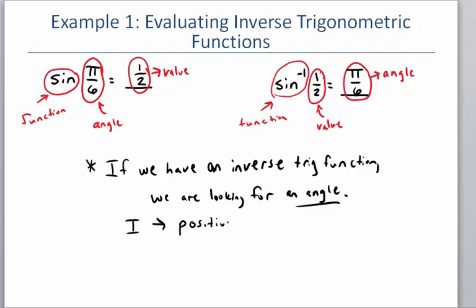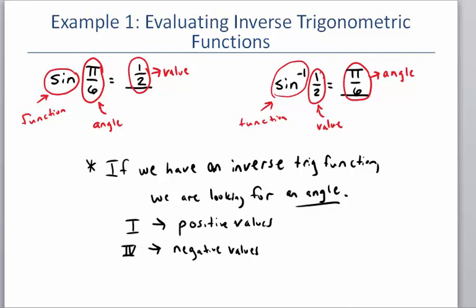Those will be in quadrant 1, or the positive values, and for the negative values, we will be using quadrant 4. So since in our original problem here the 1/2 was positive, then our angle should be in quadrant 1.